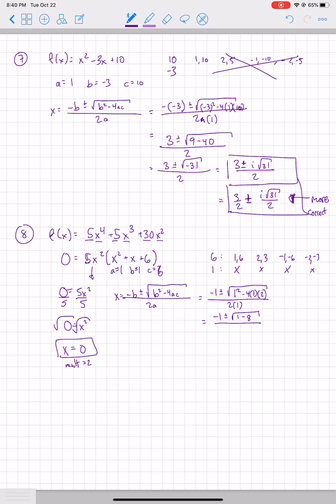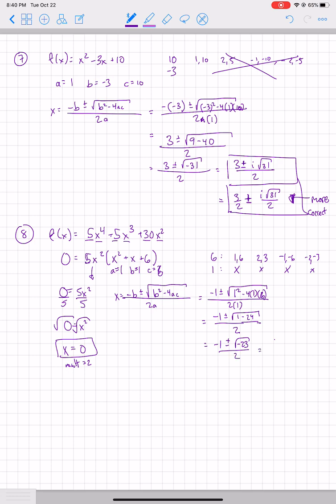Where did I get that 2 from? That's a 6. Okay. Minus 24 all over 2. So we get -1 plus or minus the square root of -23 all over 2.